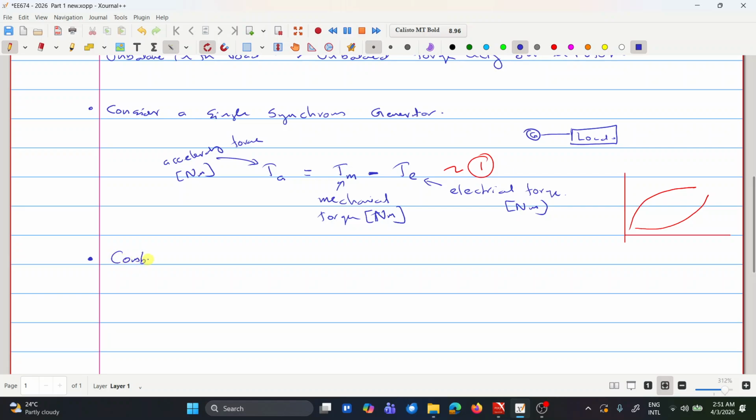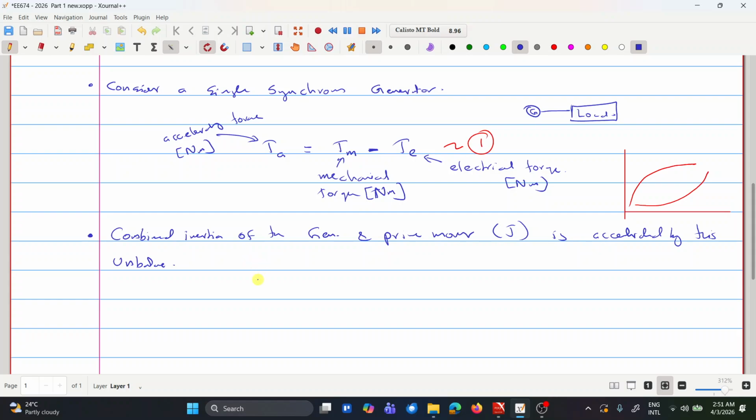The combined inertia of the generator and the prime mover, let's say J, is accelerated by the unbalanced torque generated by the unbalanced load, right?